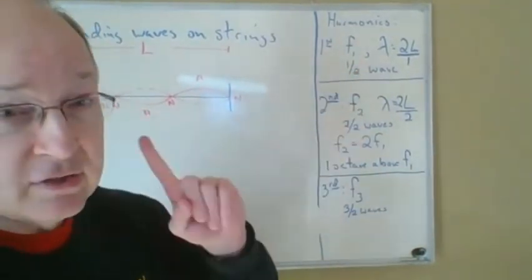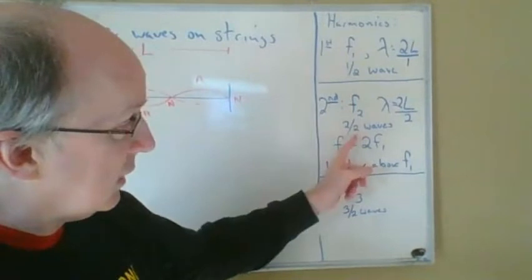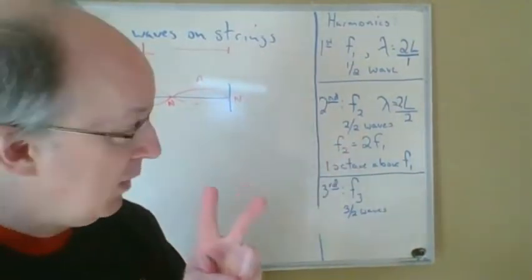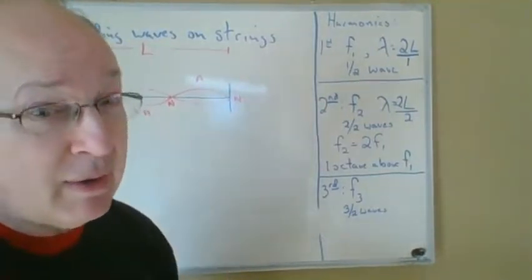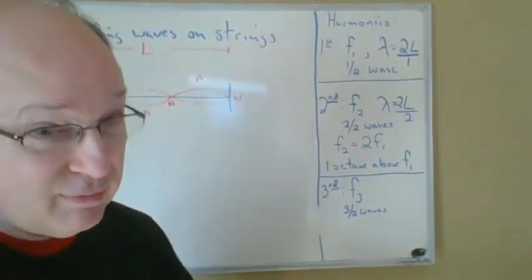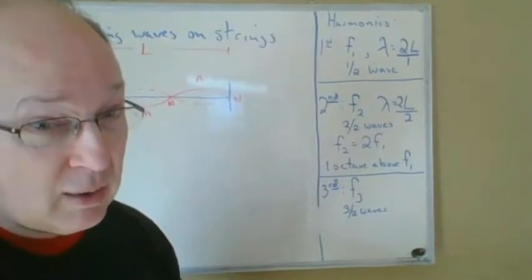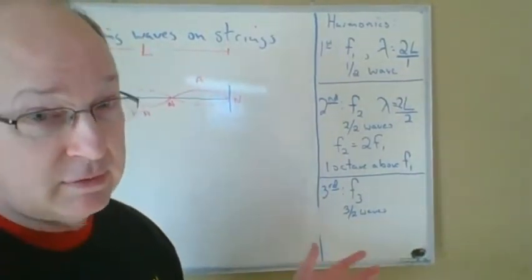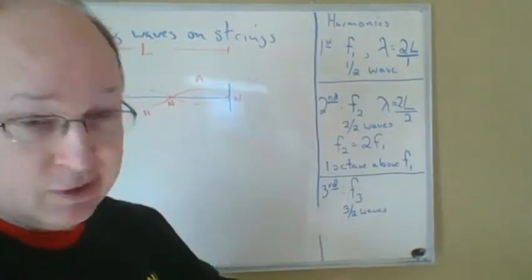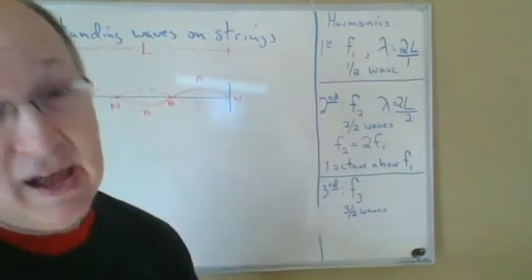The first harmonic has 1/2 wave. The second harmonic has 2/2 waves. The third has 3/2 waves. Now, I don't have that many fingers, but I think you can figure by now that the 23rd harmonic has 23 half waves, or 11.5 waves. No matter what harmonic you're on, it's that many half waves.